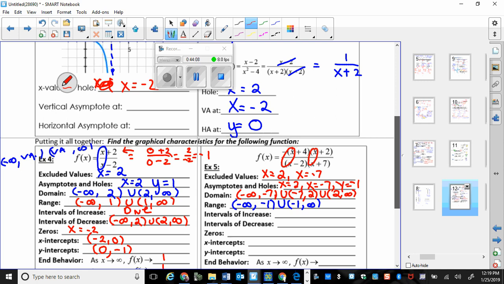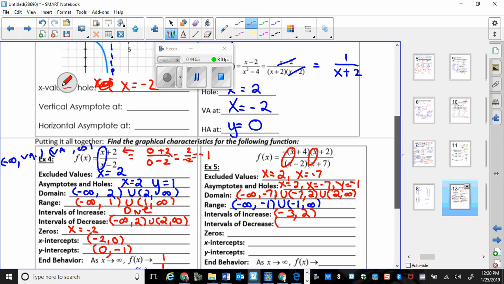Intervals of increasing occur from around -3 to 0, 2. All right, and that's the only interval of increasing.